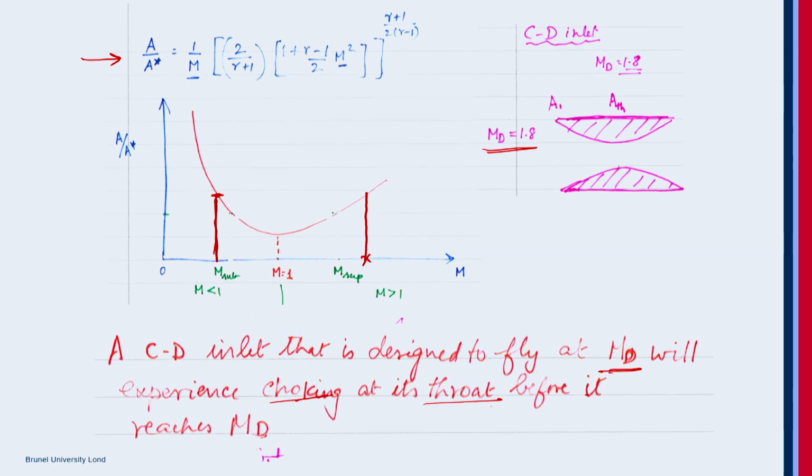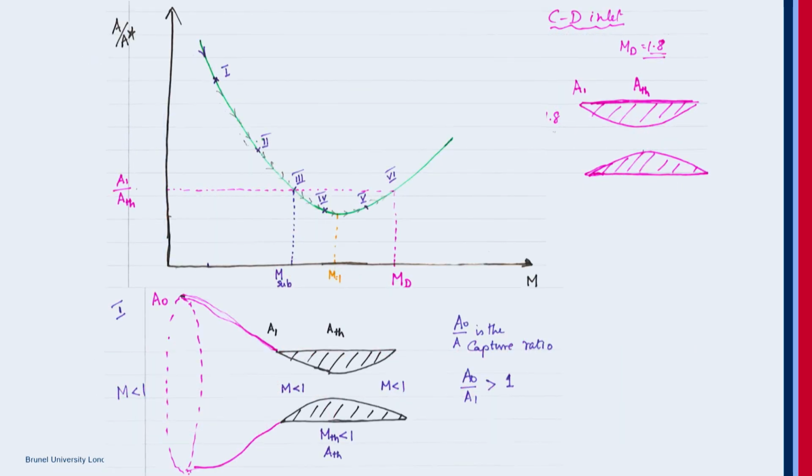Even when the flow has not reached the design, the throat becomes choked at this subsonic condition. Are you able to understand this? This is the important thing you need to understand. Okay, now let's look at this one here.